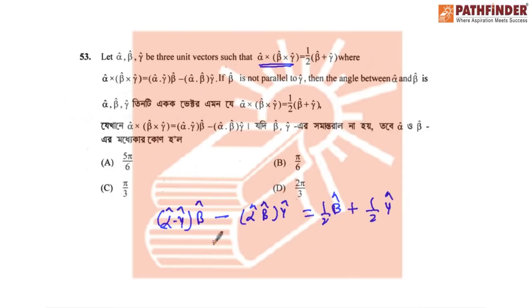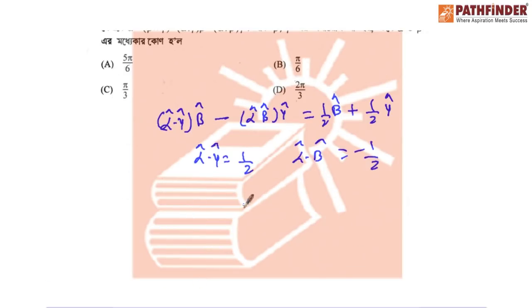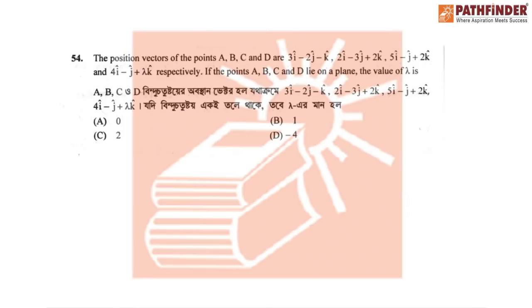Now if we compare these two, we'll get alpha dot gamma equal to 1 by 2 alpha dot beta, alpha cap dot beta cap equal to minus 1 by 2. So cos theta equal to minus 1 by 2, theta equal to 2 pi by 3, option D.